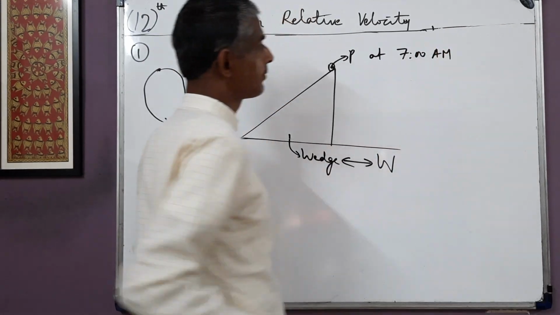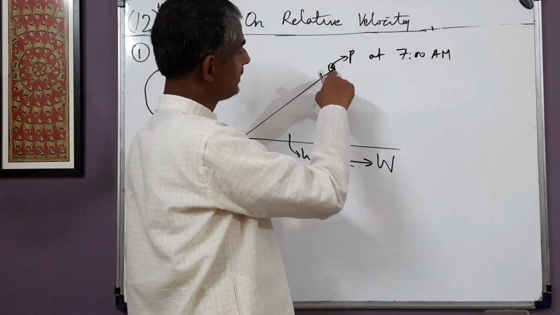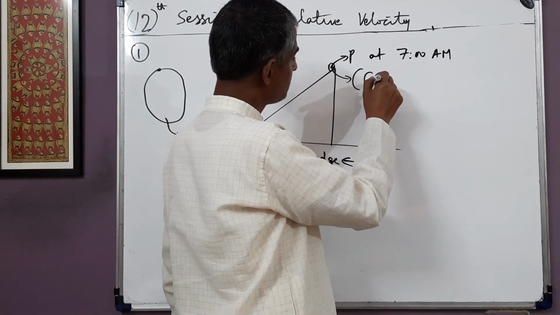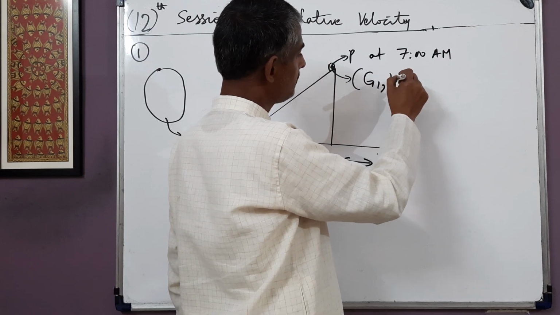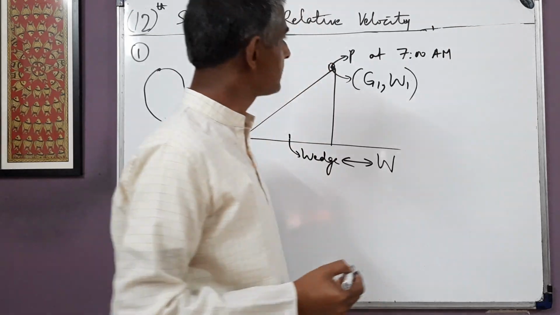So at 7 am, point P is at the highest point of the wedge. Suppose it occupies the G1 location of the ground frame and the W1 location of the wedge frame at 7 am.